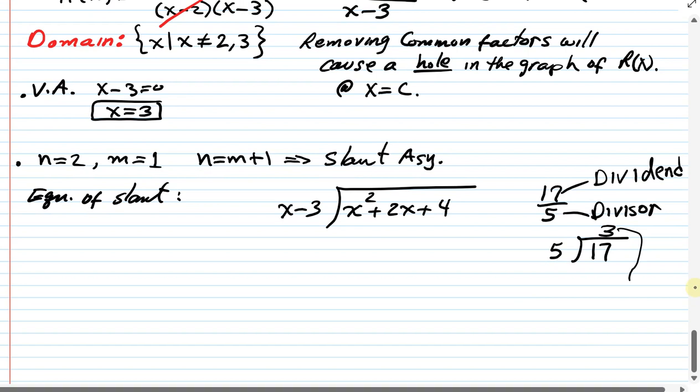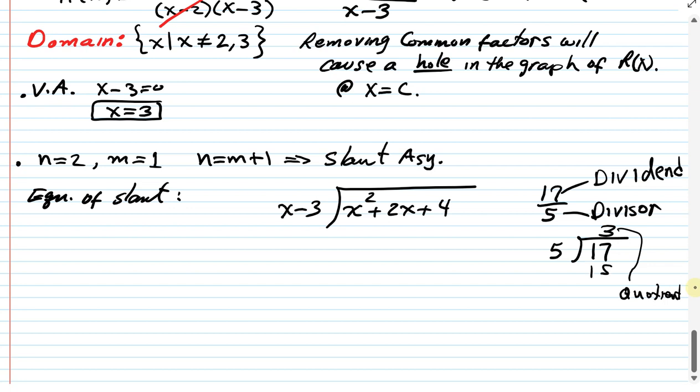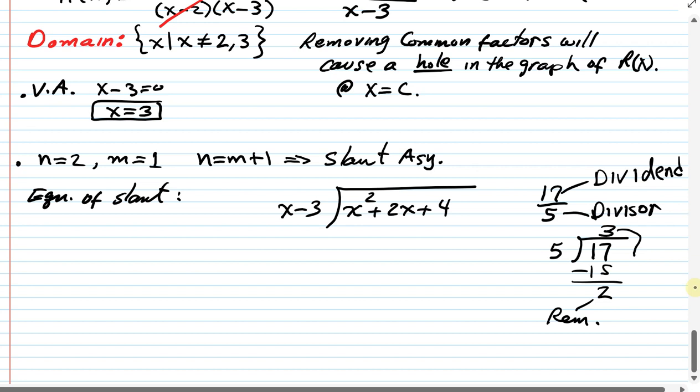This is the quotient, and the quotient is 3. 3 times 5 is 15. Then you subtract 15 from 17 and we get 2. 2 is the remainder, correct? And 3 is the quotient in this way.